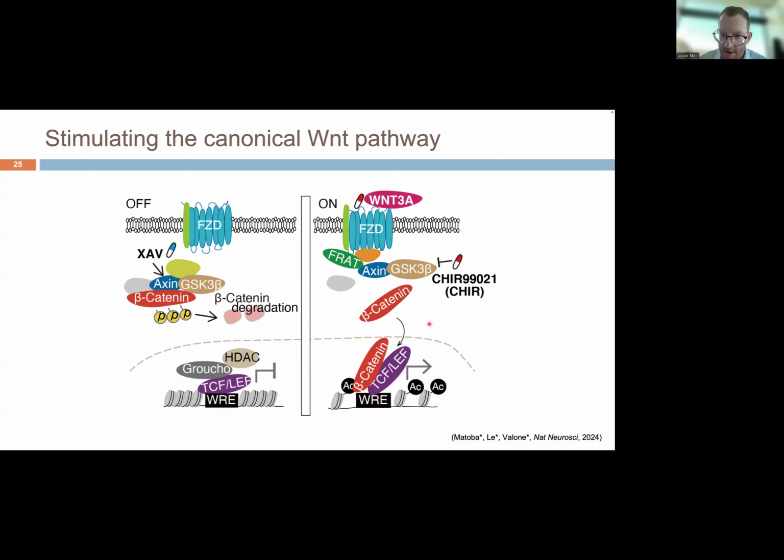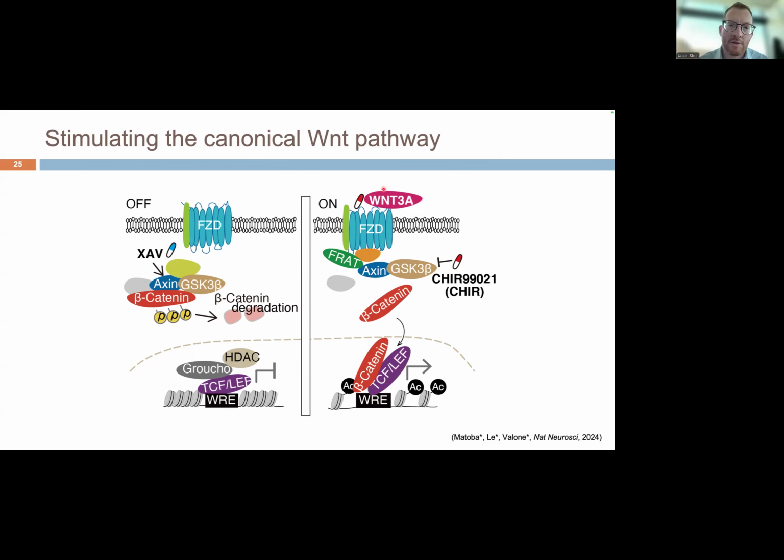So, skipping a lot of parts of the Wnt pathway there, just to focus on the ones that are important for our study, we expect opening of TCF/LEF binding sites during Wnt stimulation, whereas closing in the absence of Wnt stimulation.